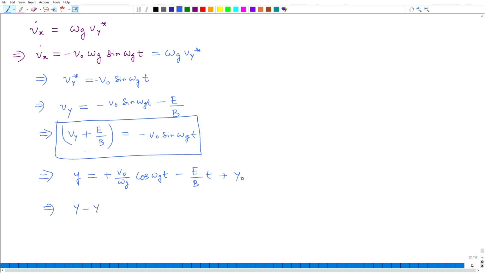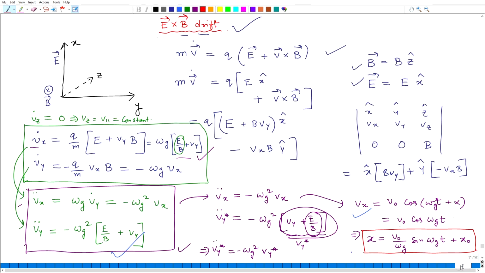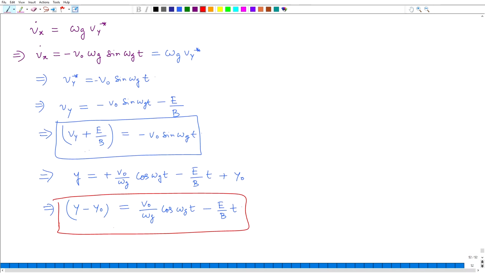So, y minus y0 will be equal to V0 by omega g cos omega g t minus E by B t. You see this is another equation which will be of our use. Now x minus x0 is this one, but for y we do not have it like this. We have a trigonometric component, but another component which is linear with t.